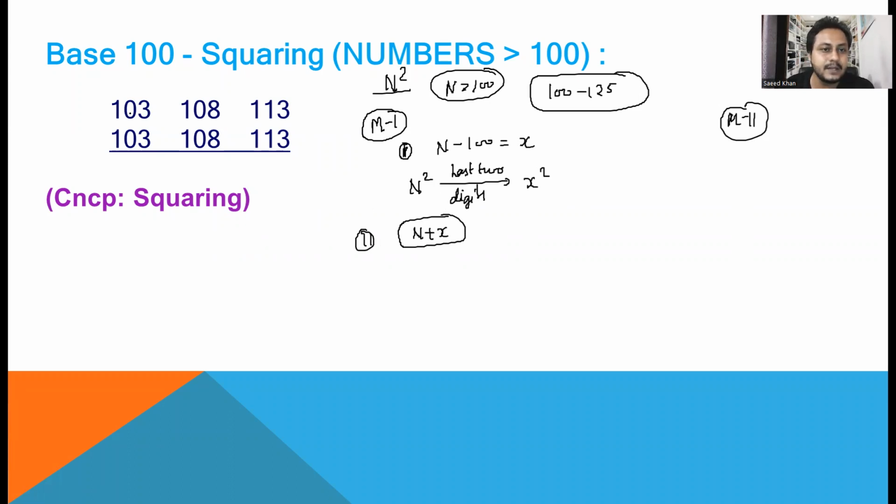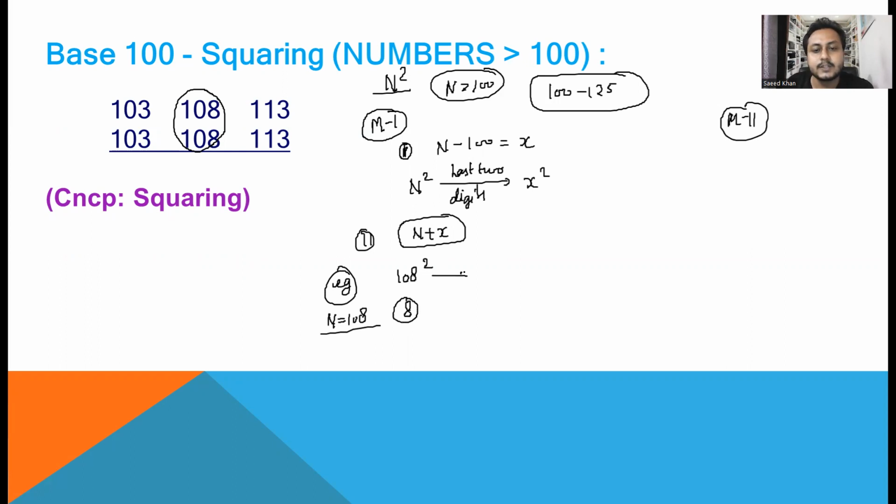So for example, let's say the number is 108, and we have to find 108 square. First we'll see how much more than 100 the number 108 is. This number is 8 more than 100.